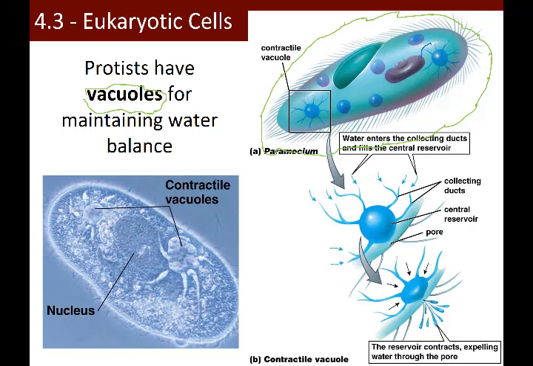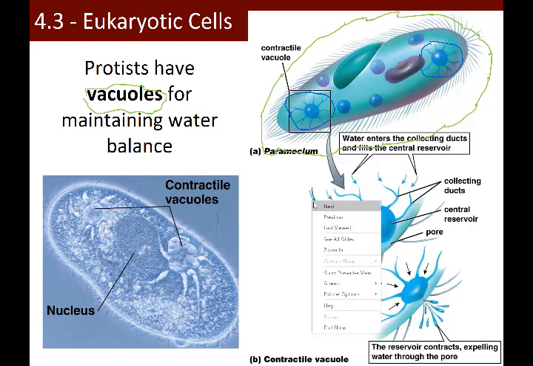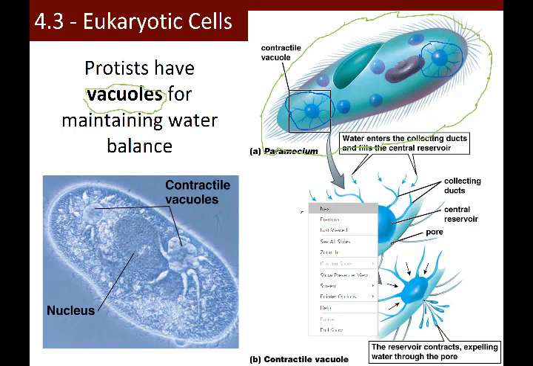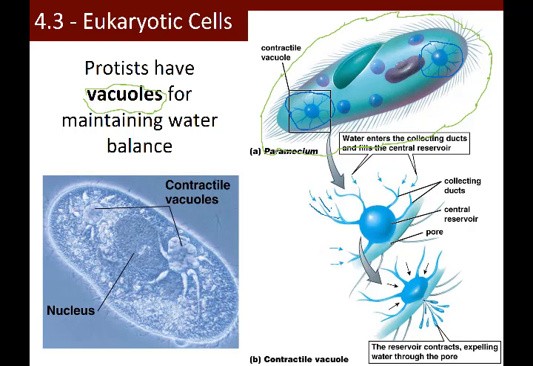So it has these specialized structures, which are shown here, and these are called contractile vacuoles. And basically, the contractile vacuole consists of collecting ducts that pull extra water from other parts of the cell and pull them into a small central reservoir.